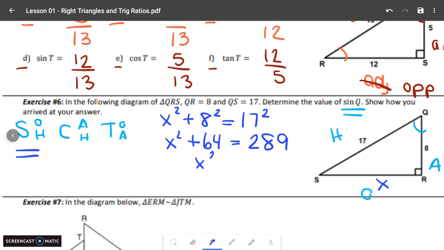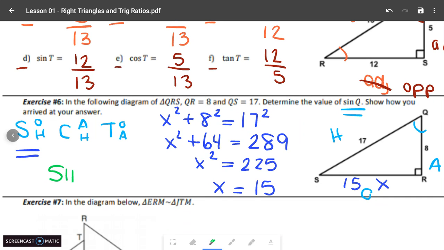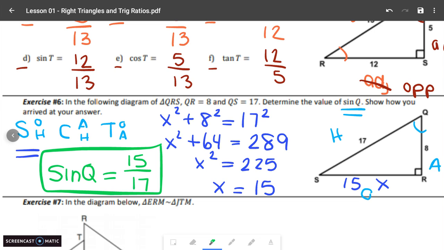When I subtract, we get x squared equals 225. And when I take the square root, we get 15. So this side here is 15. Now the only thing left to do is write it out as sine of Q is equal to the opposite side of Q, 15, over the hypotenuse of 17, and we're done. We leave it just like a ratio here.